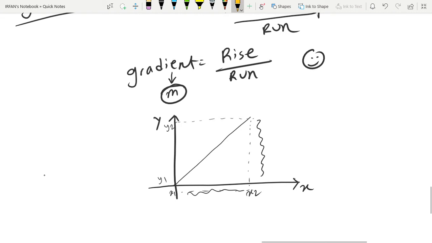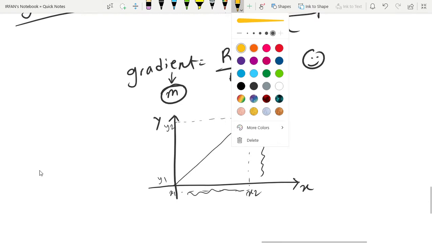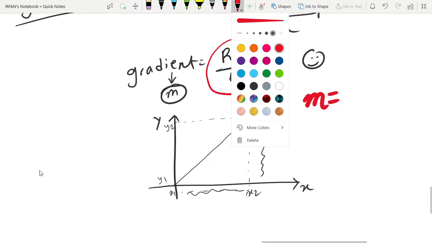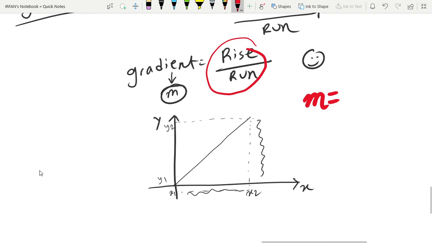From the formula, rise by run, I can say that m equals, since I have to go up, rise, so what is the difference, the distance between this line and this line?